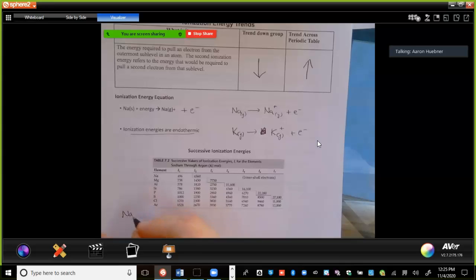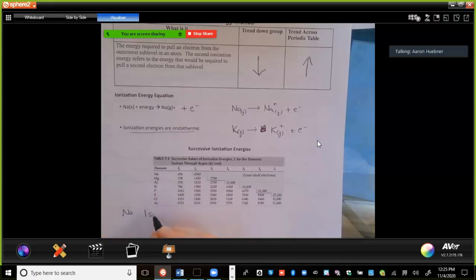Sodium's electron configuration is 1s2, 2s2, 2p6, 3s1. The third energy level has just 1 electron, so no problem. But now you've got 2 and 6, a total of 8, an octet, which is stable. You'd have to input a lot of energy to pull an electron away.